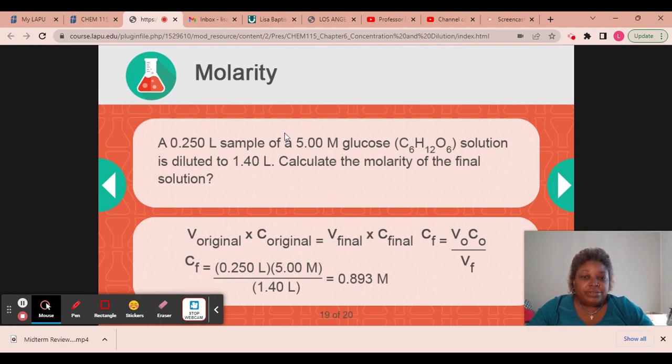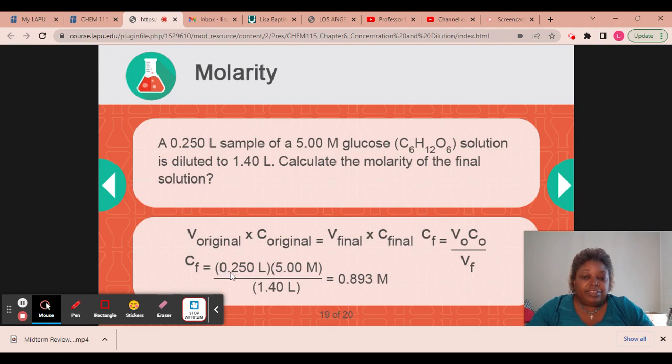So the original solution has a concentration of 5.00 molar and a volume of 0.250 liters. The final concentration is what we're looking for, but the final volume is 1.40 liters. And so you can rearrange your equation to solve for our final concentration.